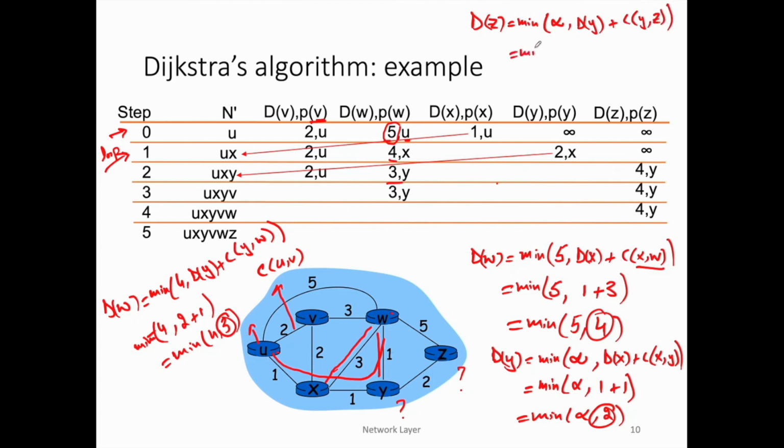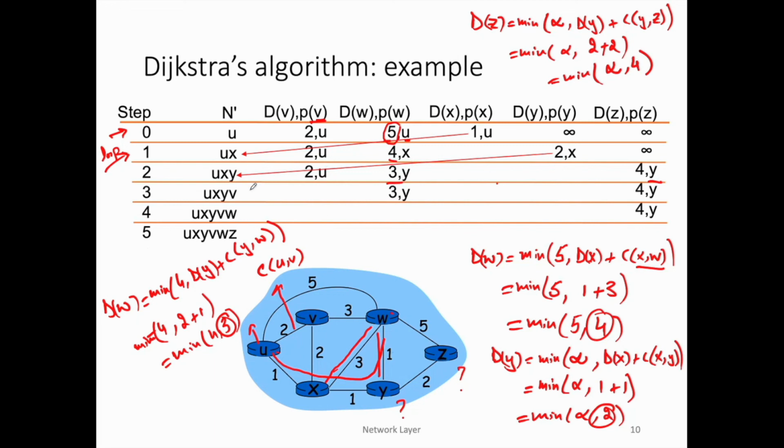So it's the minimum of either infinity, or the cost to reach y, which we know is 2, plus the cost from y to z, being a direct neighbor of y, which is 2. So either we will select infinity or we will select 4. Okay, so obviously we have selected 4 here. And the predecessor node is y now.